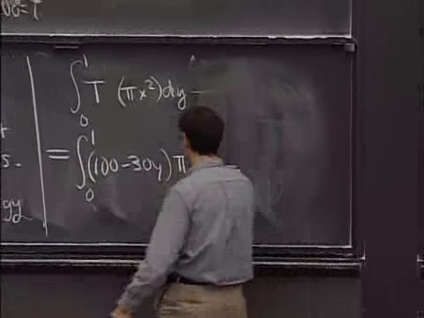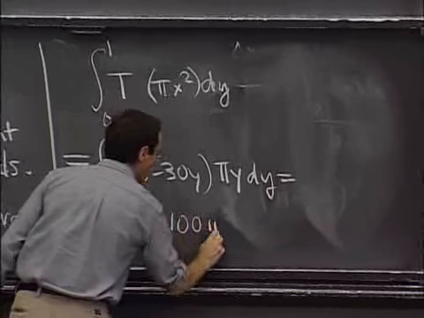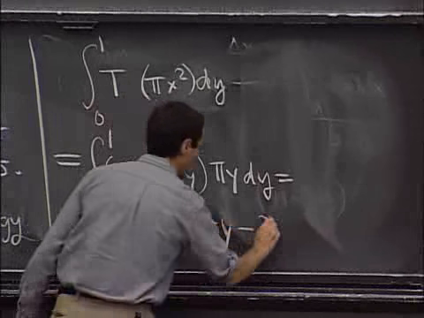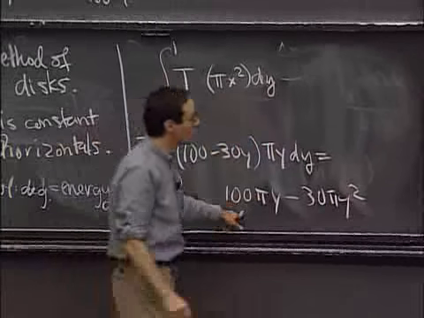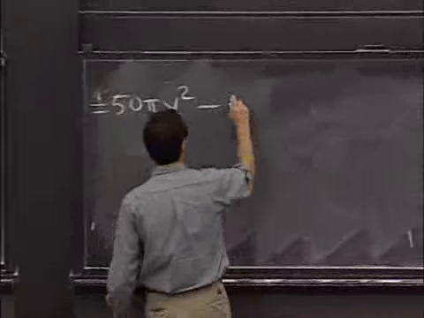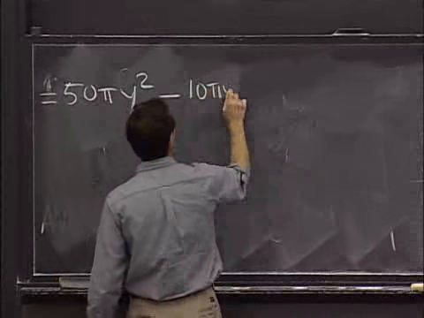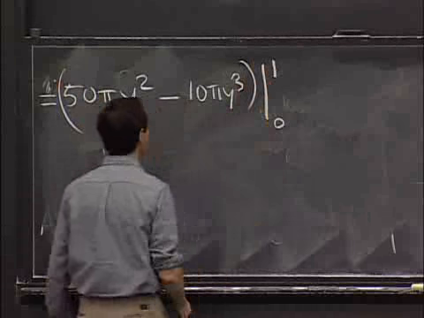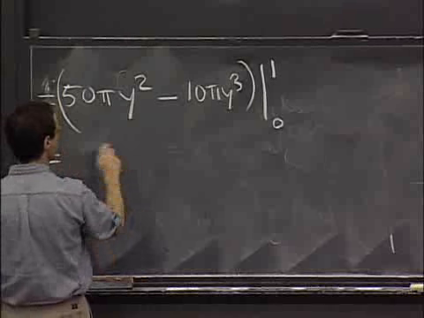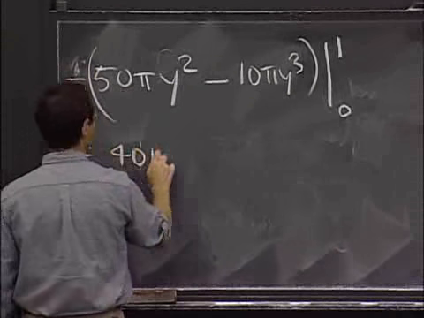This is 100 pi y minus 30 pi y squared, and I have to take the antiderivative of that. So I get 50 pi y squared, and I get 10 pi y cubed, evaluated at 0 and 1, and that is 40 pi.